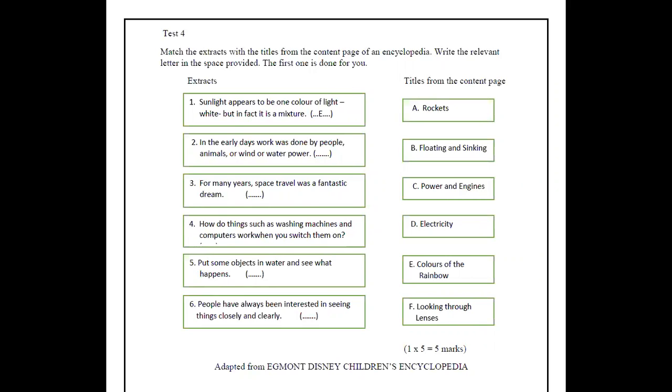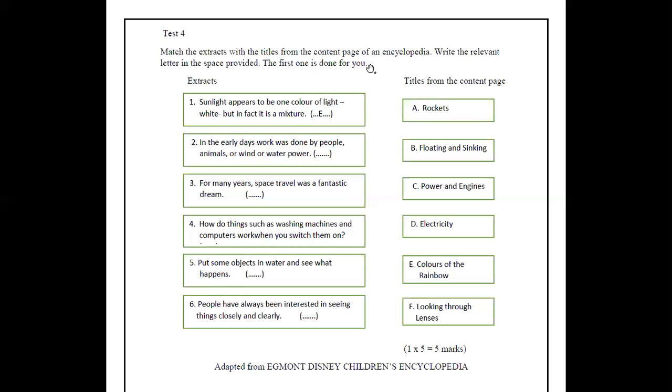The first one they have given: sunlight appears to be one color of light, white, but in fact it is a mixture. Yes, you know, sunlight appears as only one color, that means white, but that white color is actually combined with seven colors. It's a mixture.